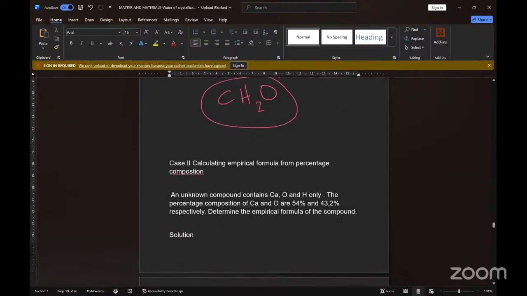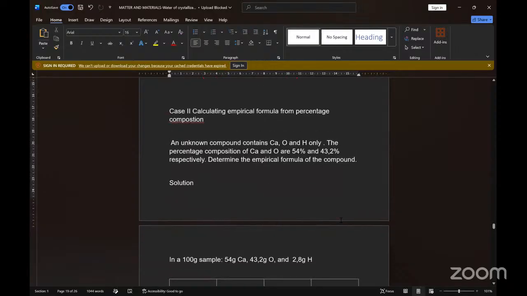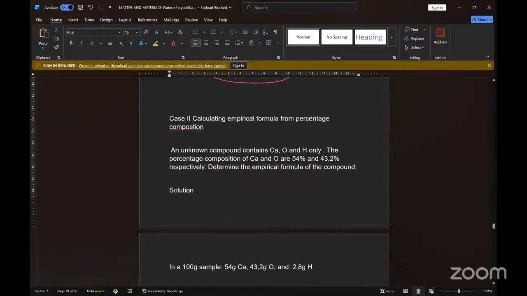But then you know that in exams, you can't expect the same thing throughout. So another way of asking it is as we have here. Now look at what I'm saying. So this example says that an unknown compound contains calcium, oxygen, and hydrogen only. The percentage composition of calcium and oxygen are 54% and 43.2% respectively.